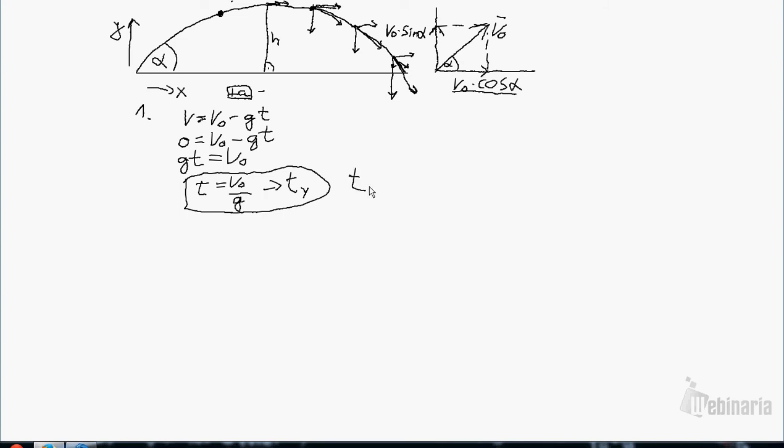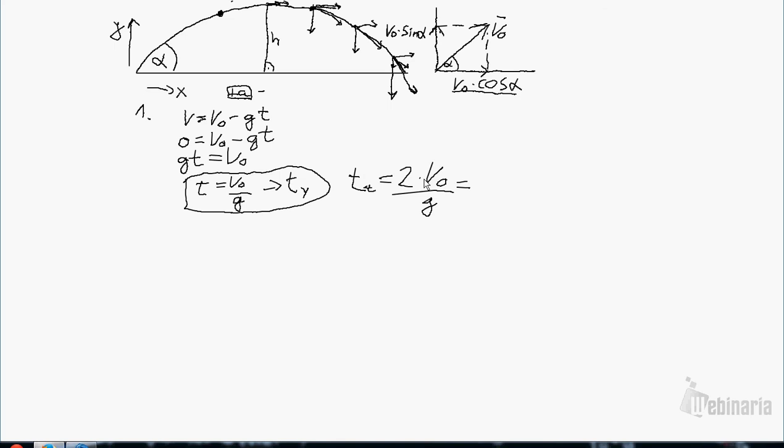Let's name it Ty, because it's not a secret, this is X direction and this is Y. Okay, let's say what's the total amount of time.